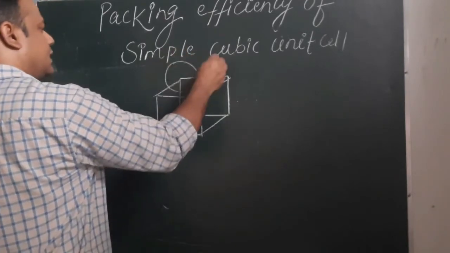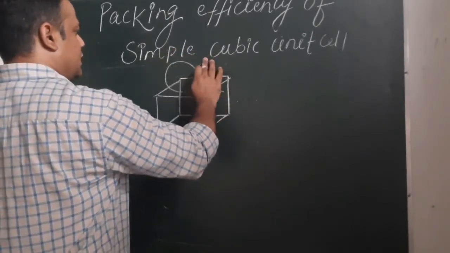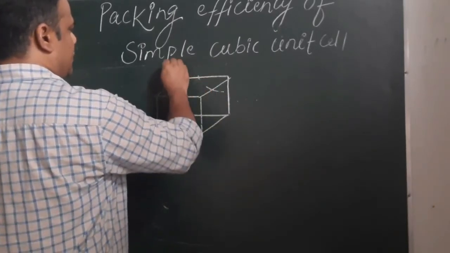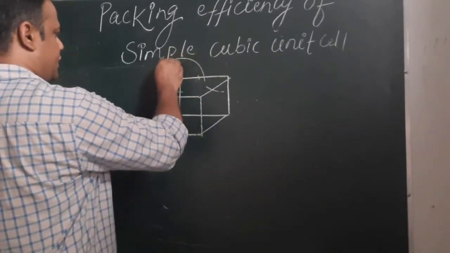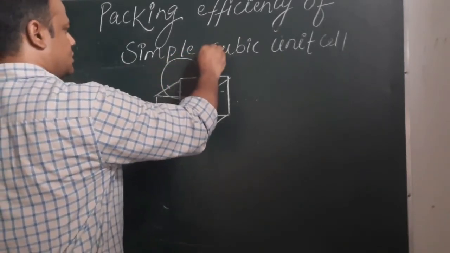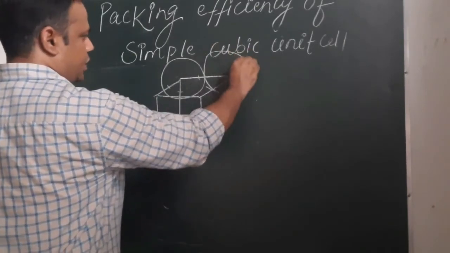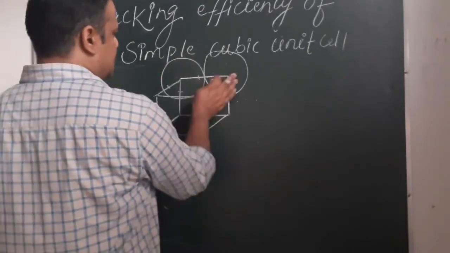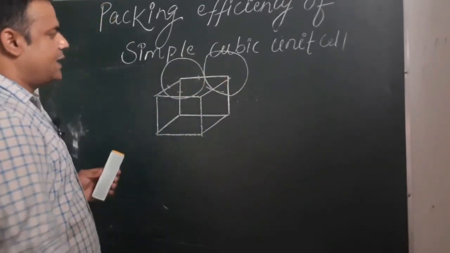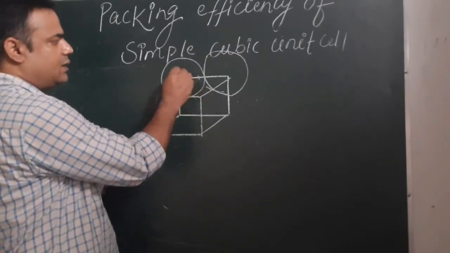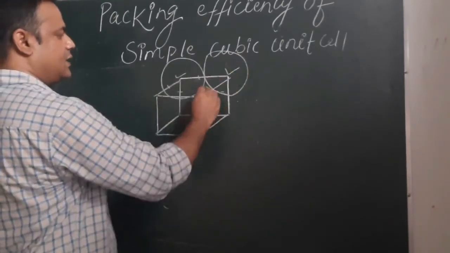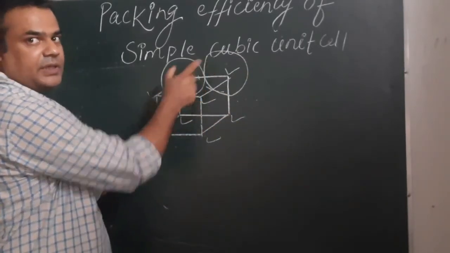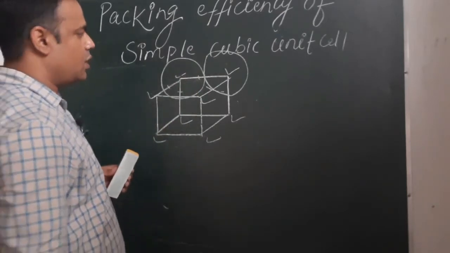As I have told earlier, in a unit cell constituent particles touch each other, meaning they are in close contact with each other. This is our simple cubic unit cell, in which constituent particles are present at all the 8 corners, 4 upside corners and 4 corners down side. But here I am representing constituent particles at only 2 corners.